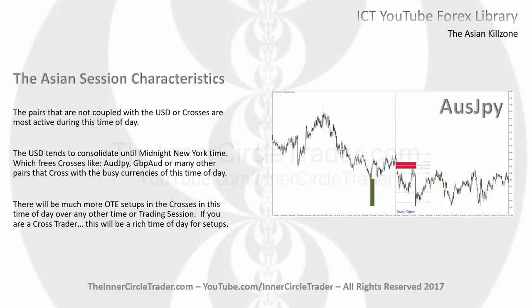You get much more volatility by having it coupled with a cross. In other words, like a Euro Aussie, a pound Swissy, something like that, where you have a lot more volatility because of the cross nature of the pair, and it's not being held back or limited by way of the dollar index.